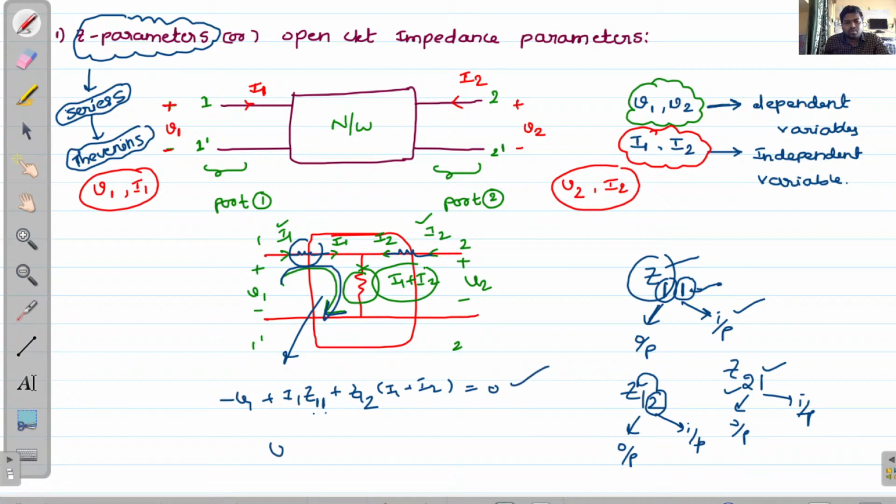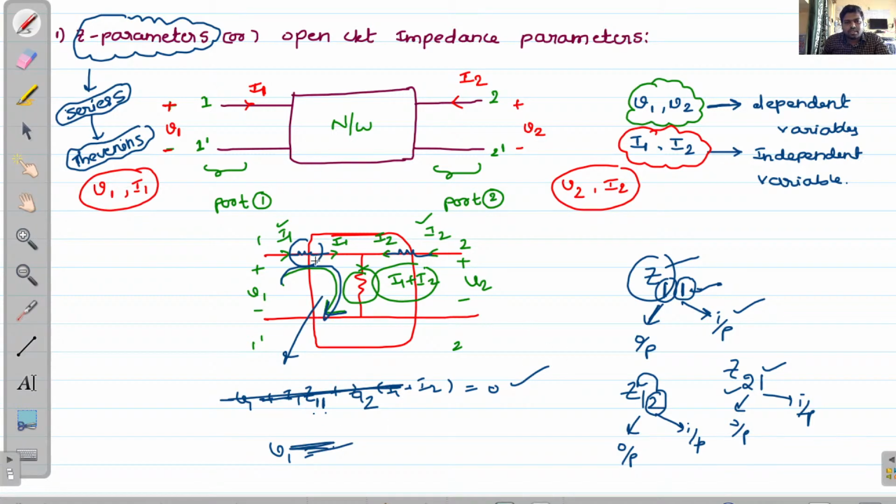From this, you can write V1 equals to what? You may get confused with this equation. Certain amount of I2 current you can take, no problem. Just leave this expression.